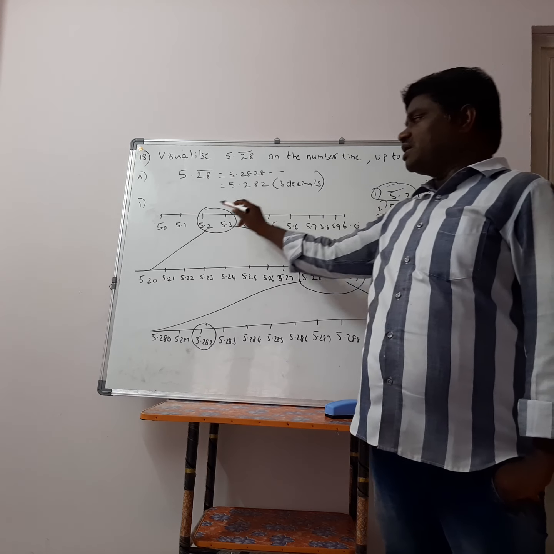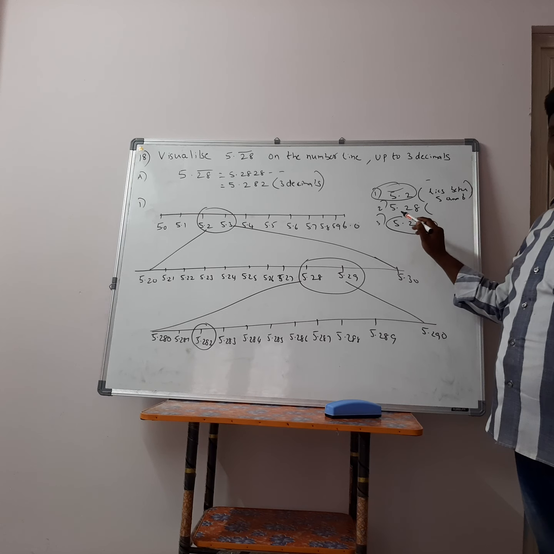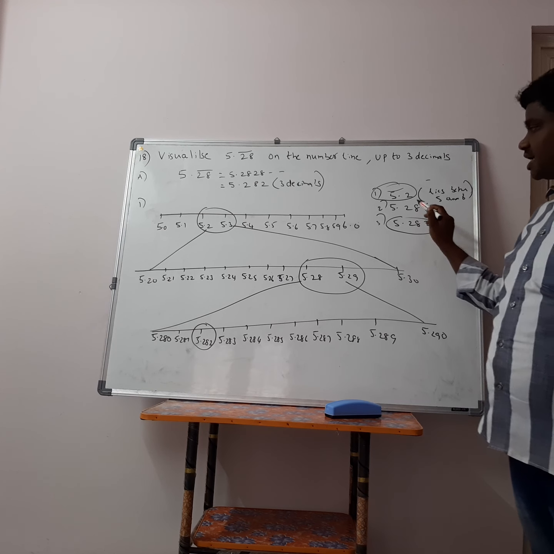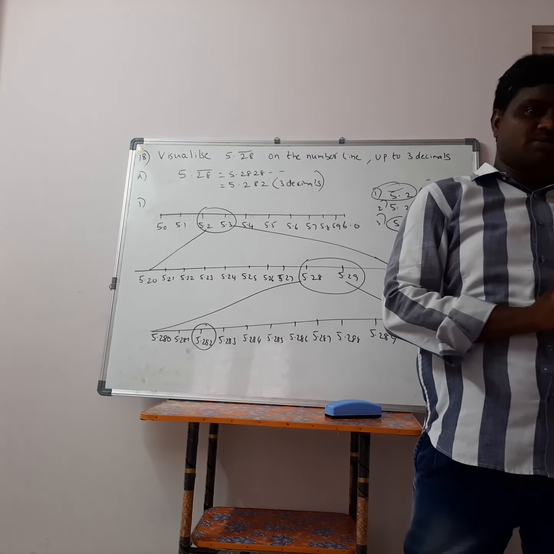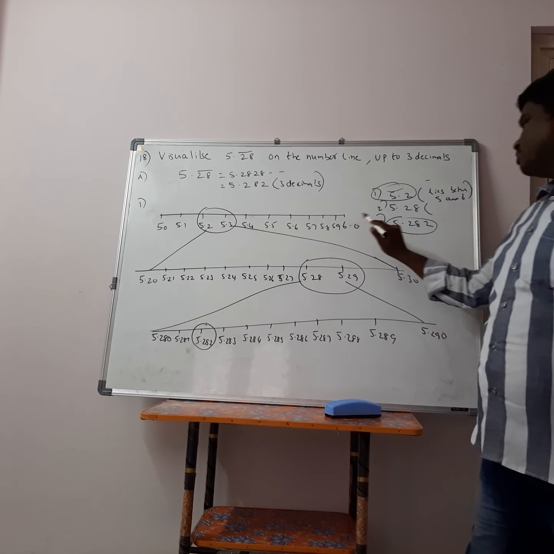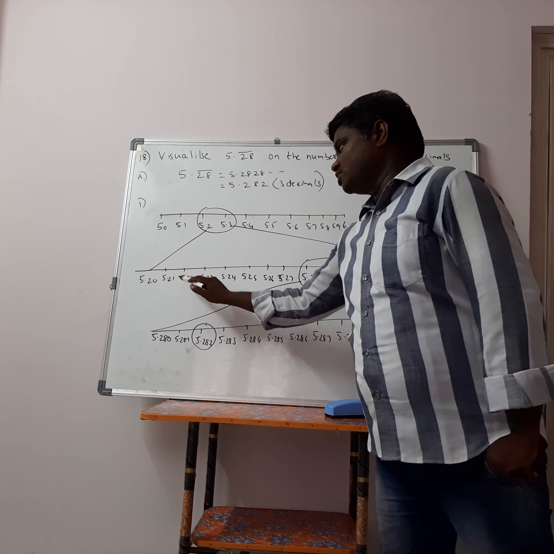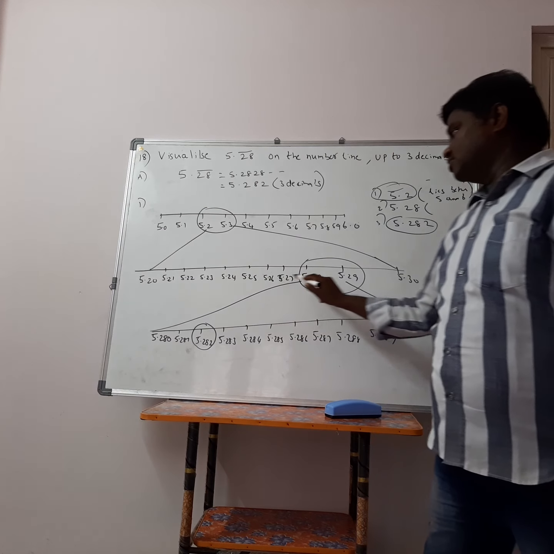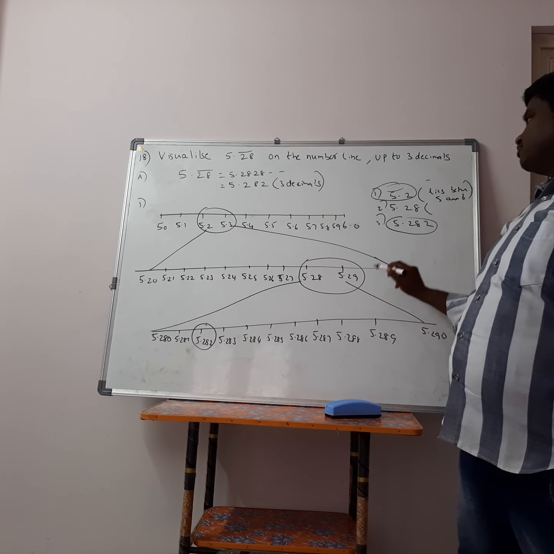Why do we circle 5.2 and 5.3? Because the second number 5.28 lies between 5.2 and 5.3. That's why I circled the two numbers in the first step. 5.2 means 5.20, 5.3 means 5.30. Between the numbers I wrote 5.21, 5.22 like that. Next step, 5.28.